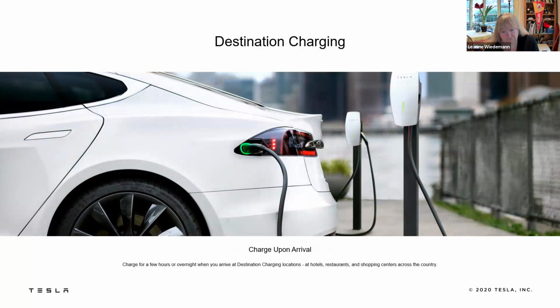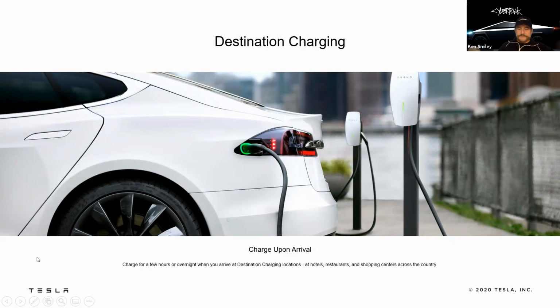Destination charging. There are places like The Raphael here in Kansas City that has a destination charger. A lot of hotels now do. Grinders Restaurant, yeah. So Leanne, my supercharging miles expire June 30th of 2023, just FYI.